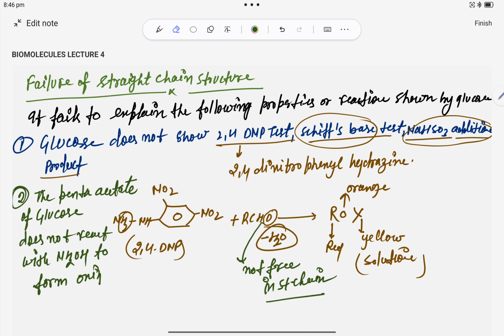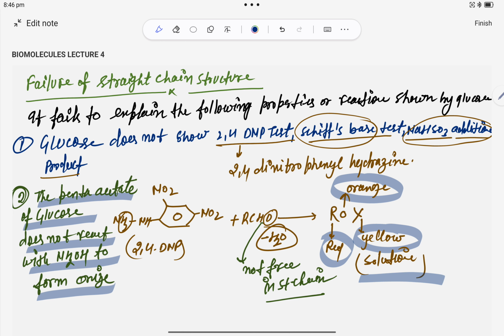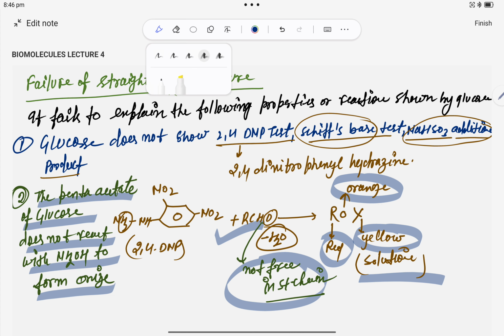In the aldehyde case, we formed the oxime, if you remember, but here it is not possible. That is why the pentaacetate of glucose does not react with NH2OH to form oxime. So these are the two reasons, or you can say these are the failures of the straight chain structure, guys. Here the orange, yellow, red color solution, O not free. That's why it is not happening. That is it.